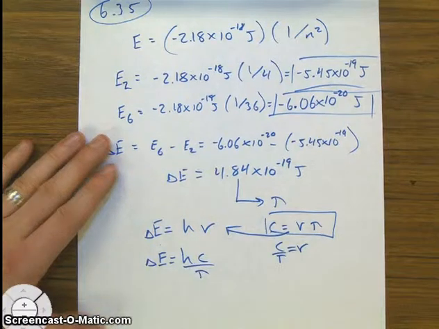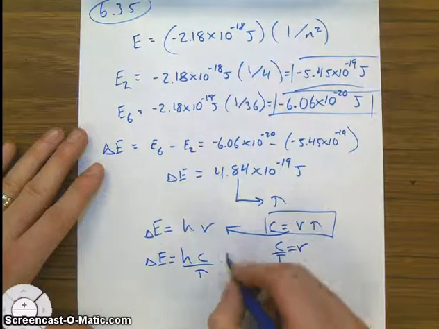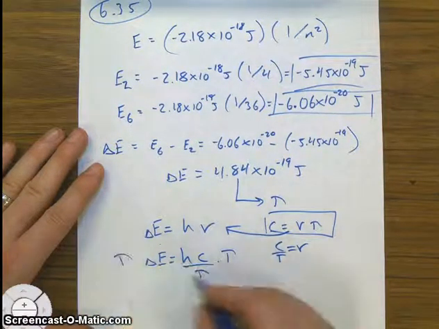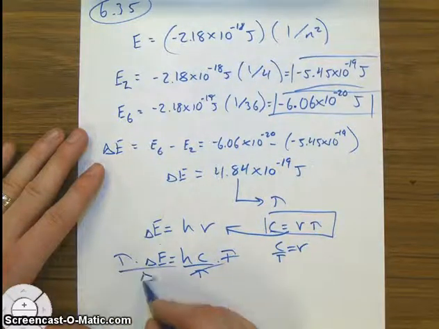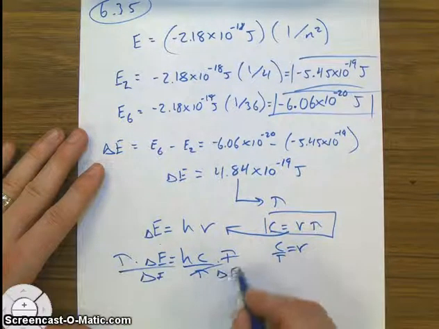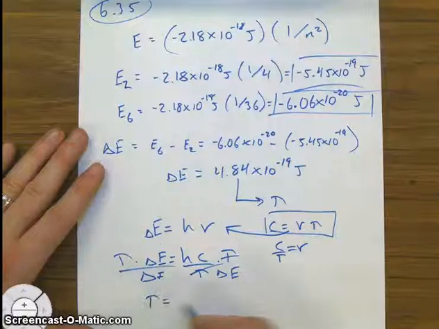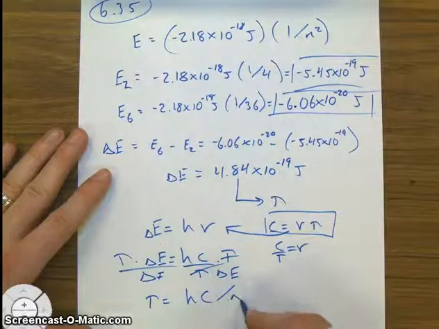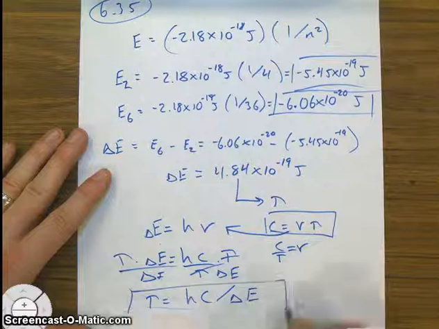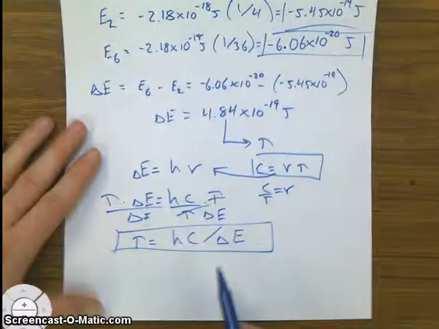I have to get lambda by itself, so I need to multiply by lambda on both sides. Now I need to move delta E to the other side, so let me divide by delta E on both sides. And it's going to be lambda equals hc divided by delta E. Alright, so now I know what I need to plug in here.